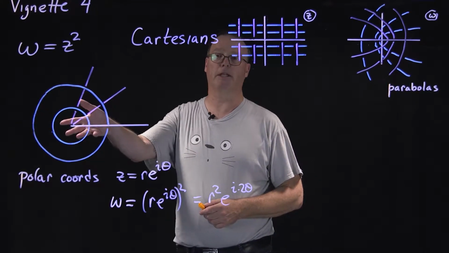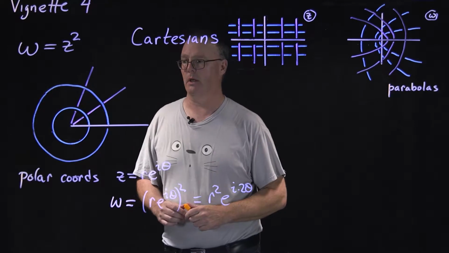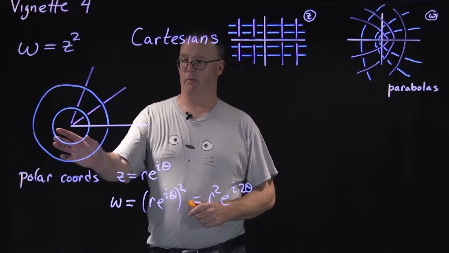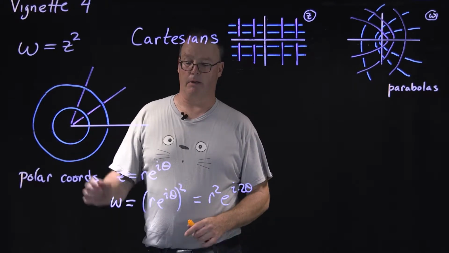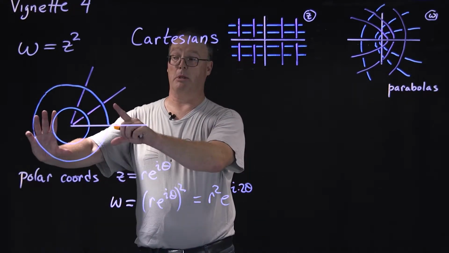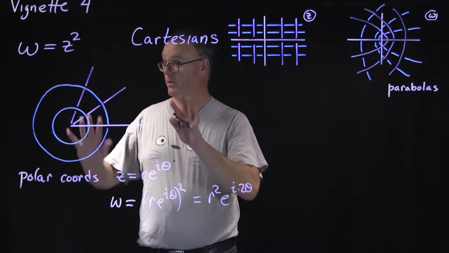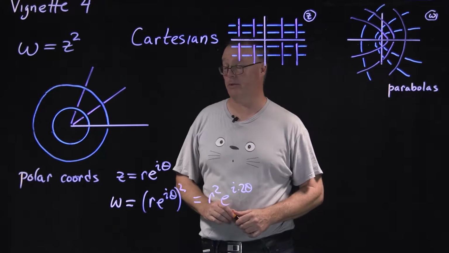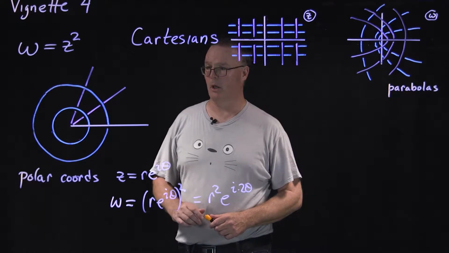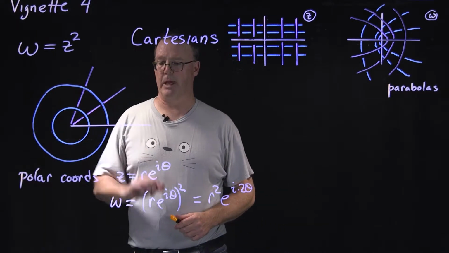So the picture looks identical, just the scale changes. If we have r equals 2 in the z plane, then r squared would be 4, so that would be a bigger circle in the w plane. So we can actually have one graph here doing double duty. So that's circles get mapped to circles.